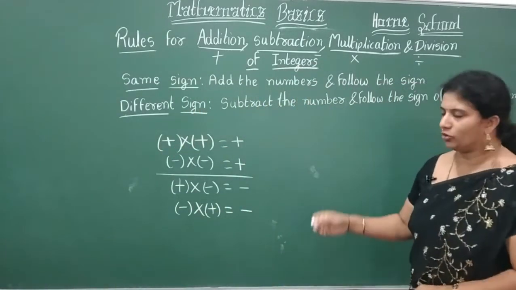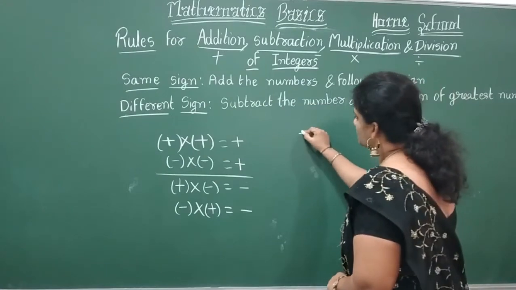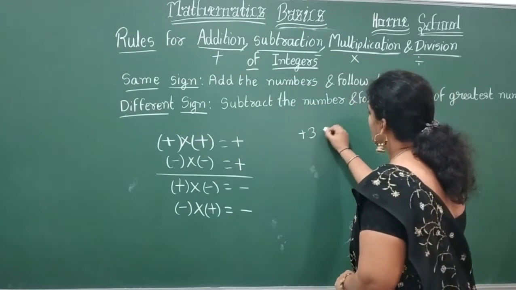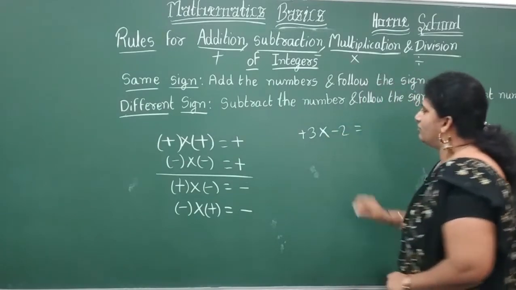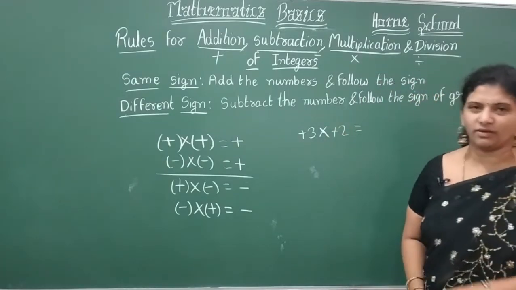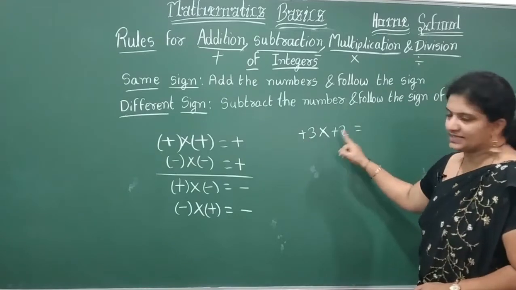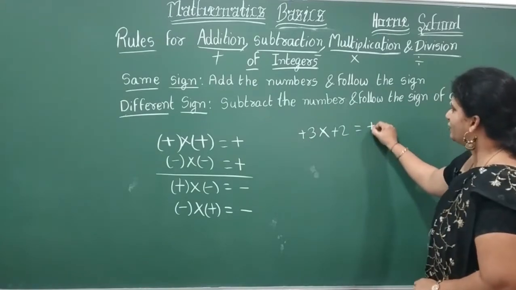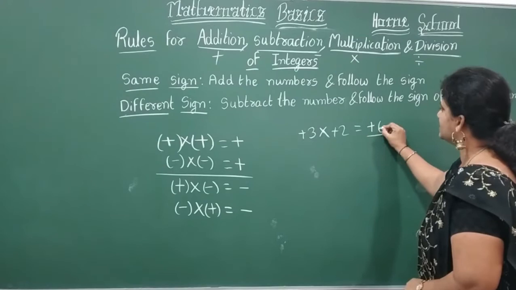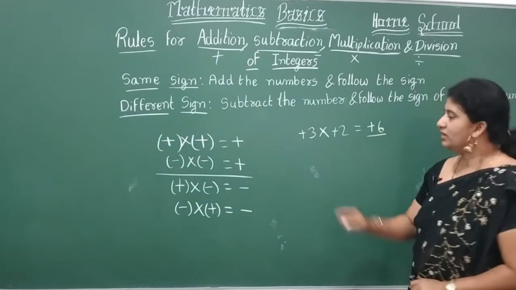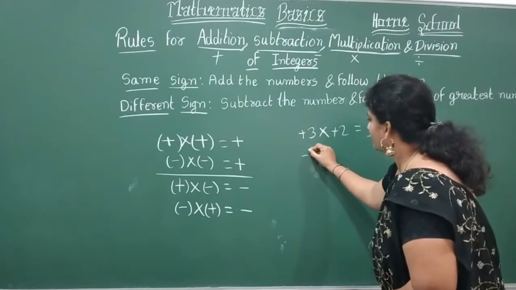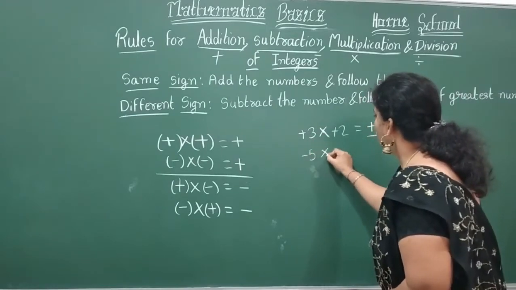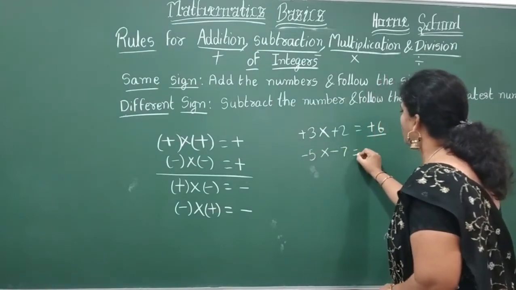So let's see an example for these four types. One example I am going to give here, children. Suppose plus 3 into plus 2, how much is it? Plus into plus, it will be plus. 3 twos are 6, which is your answer. Okay, similarly minus 5 into minus 7, how much?